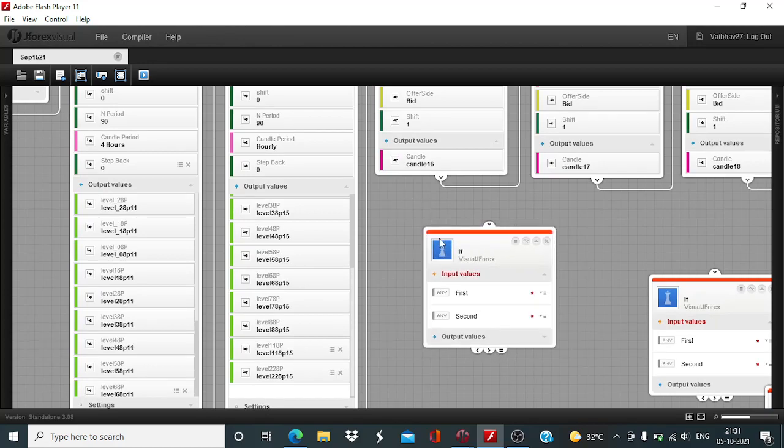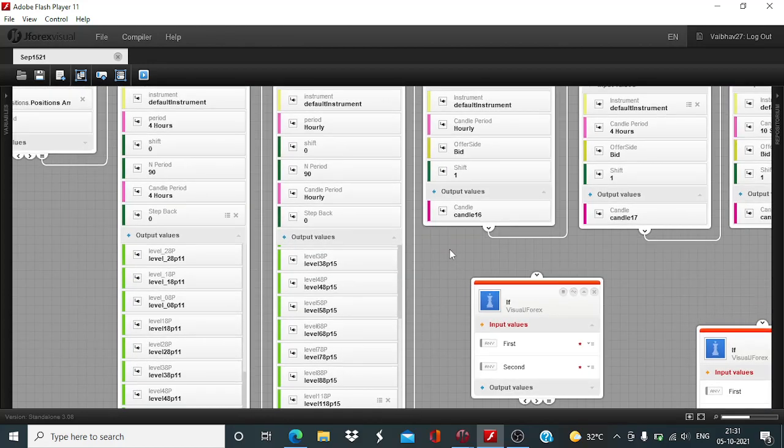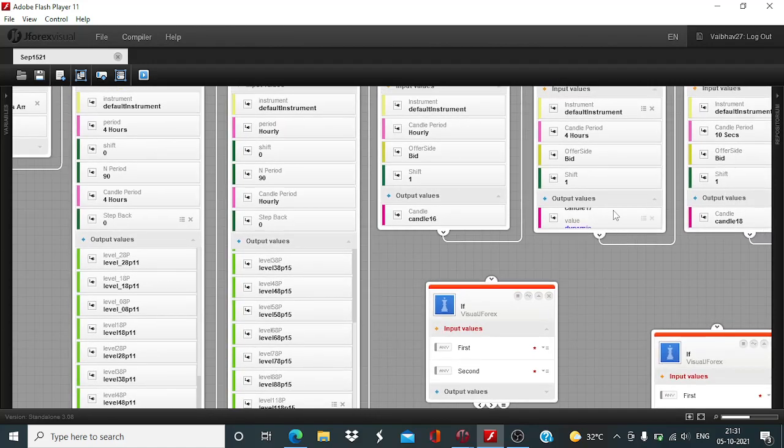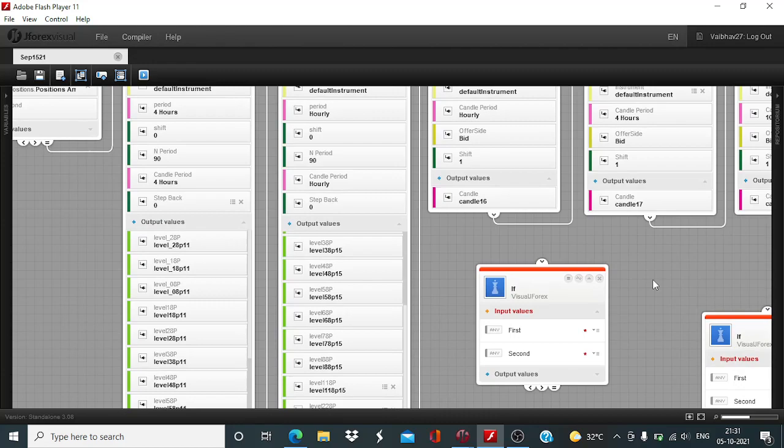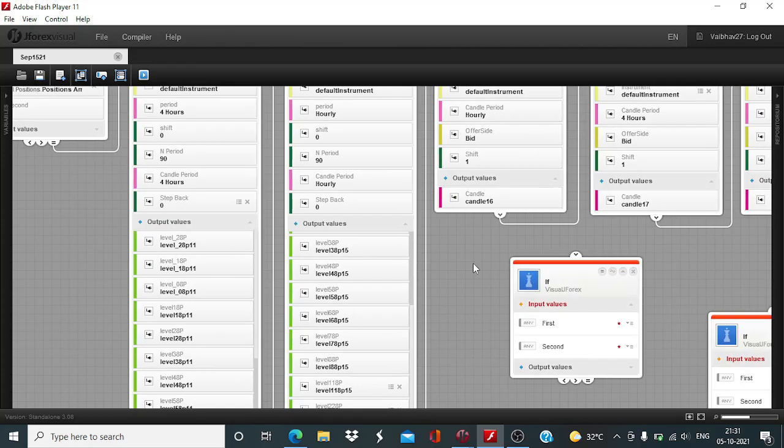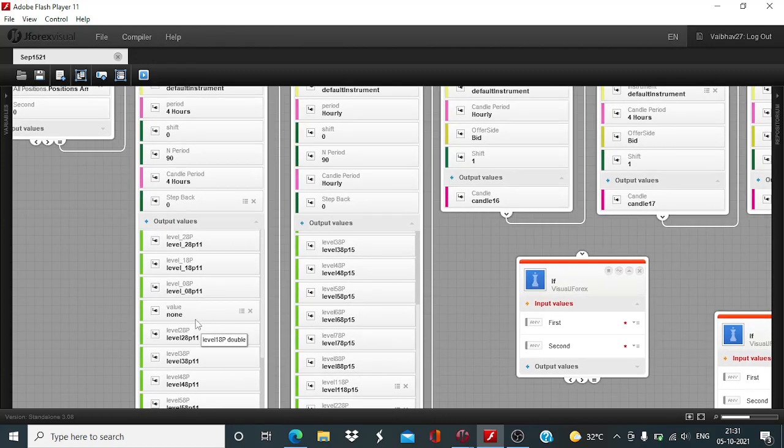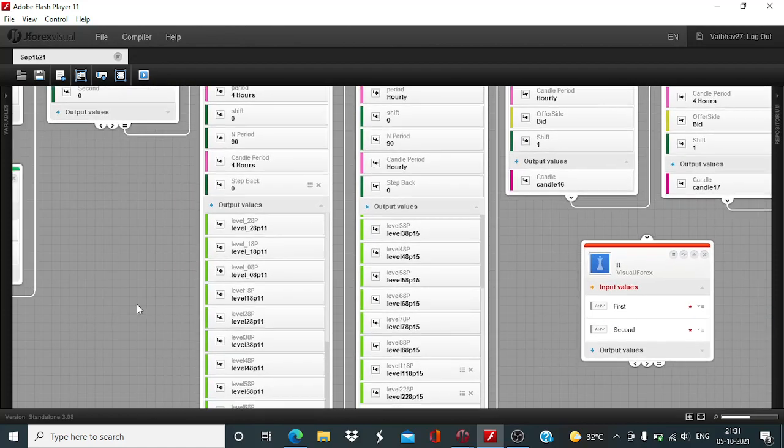We want the larger time frame trend to be on the bearish side also. So for that we need the 4-hourly candle close, which is candle 17 candle close, to be less than the 4/4 of 8 pivot points of the 4-hourly Murrey channel.